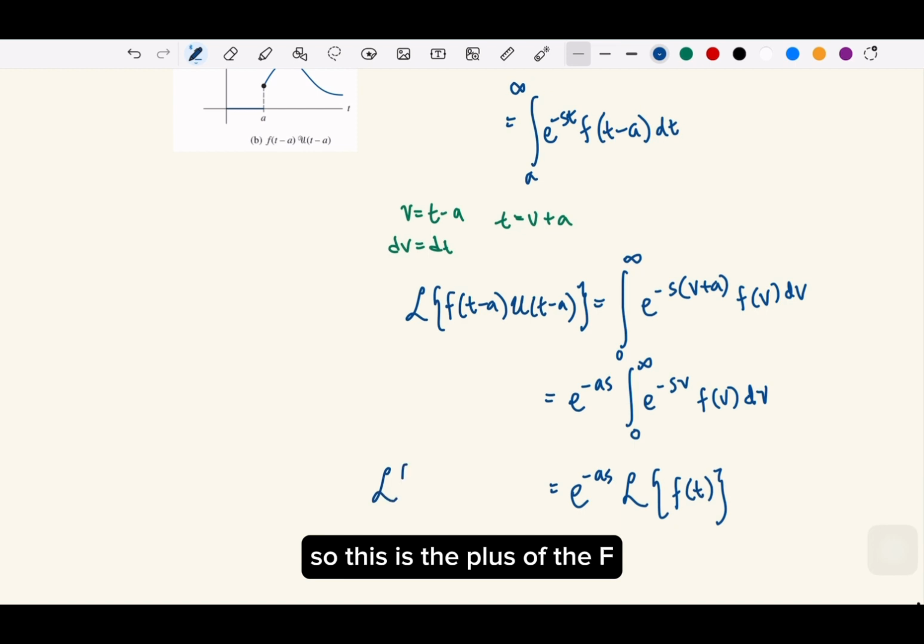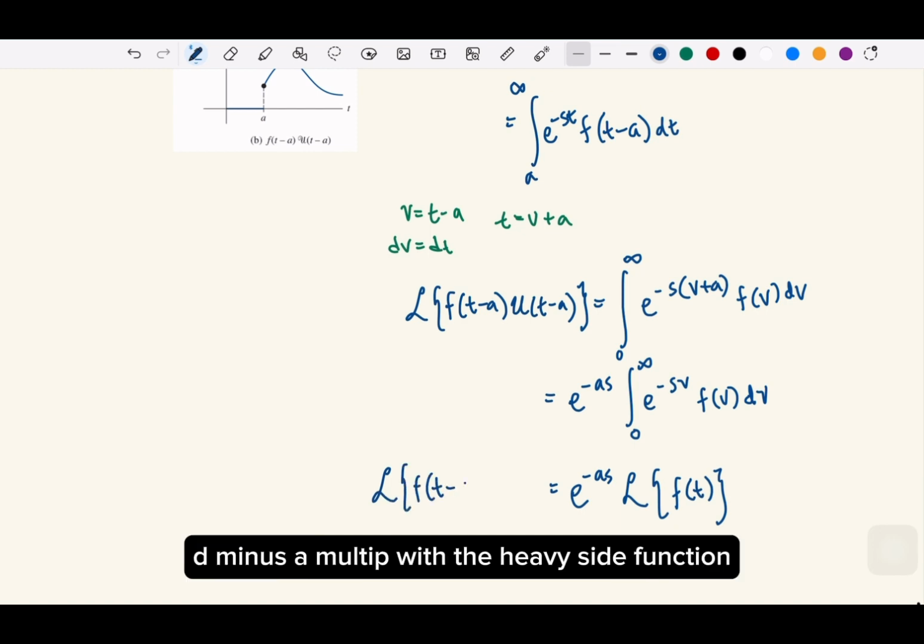So this is Laplace of f(t minus a) multiplied with the Heaviside function.